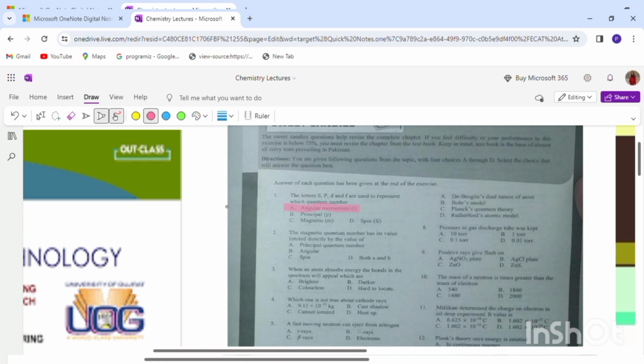But here it is derived from both A and B, because the magnetic quantum number is derived from the azimuthal quantum number, but the azimuthal quantum number is itself derived from the principal quantum number.